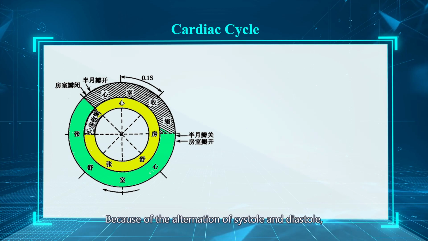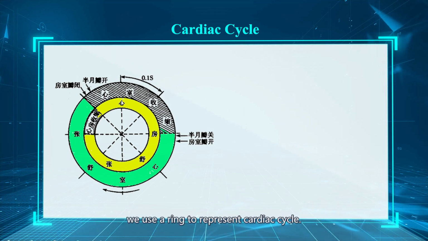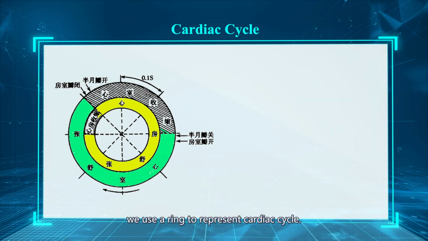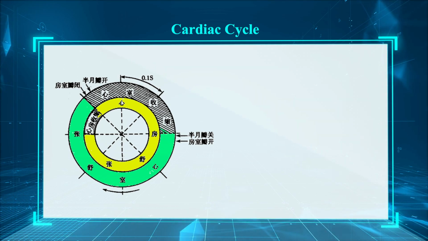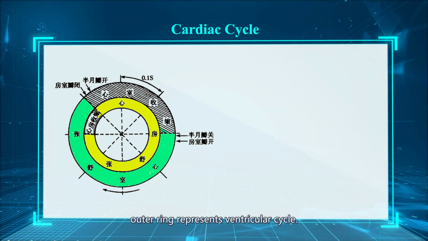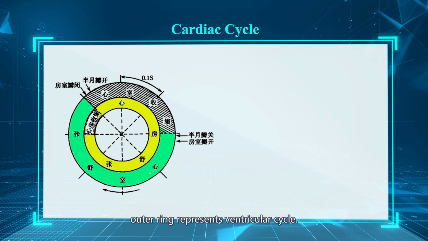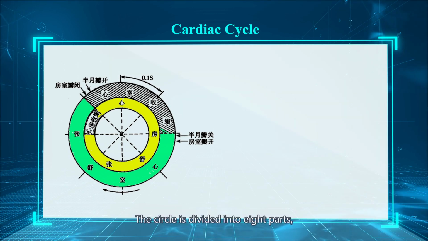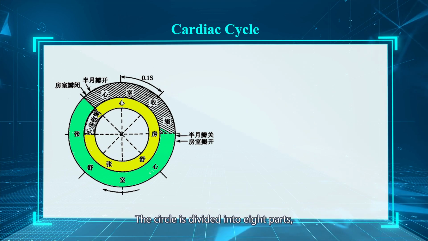Because of the alternation of systole and diastole, we use a ring to represent cardiac cycle. The inner ring represents atrial cycle. Outer ring represents ventricular cycle. The cycle is divided into 8 parts.